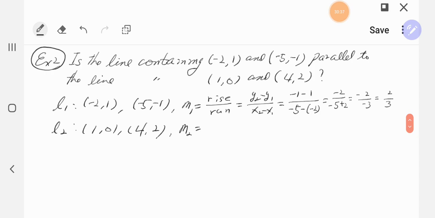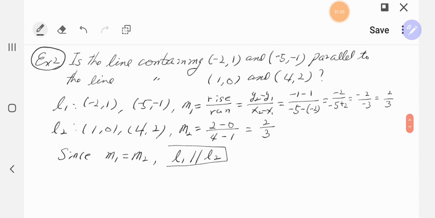So rise over run: 2 minus 0 over 4 minus 1, so 2 over 3. We know that the two slopes are equal. So since M1 and M2 are equal, L1 is parallel to L2, right? So the answer is yes.